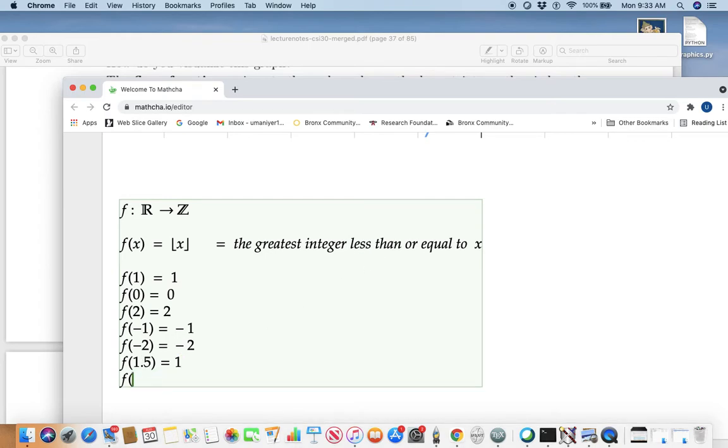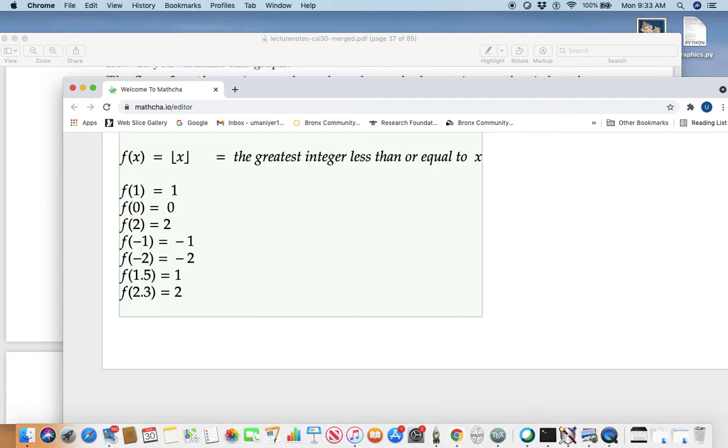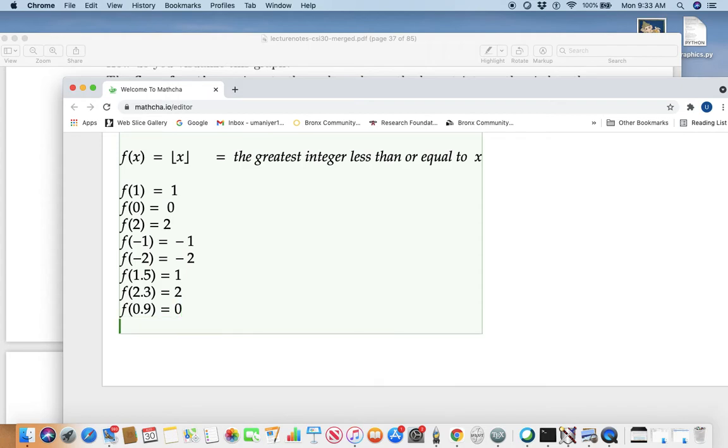There you go. 2.3, same thing. 2.3 is not an integer, so the greatest integer less than 2.3 is 2. f of 0.9: the greatest integer less than 0.9 is 0. f of negative 1.2: the greatest integer less than negative 1.2 is negative 2, and so on. So the answer is always an integer, but your input can be any real number.